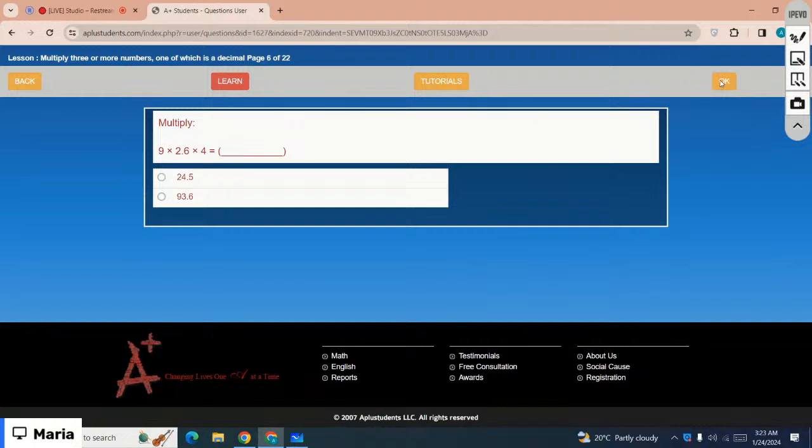Okay, the next one is multiply 9 times 2.6 times 4. So which is the correct option?